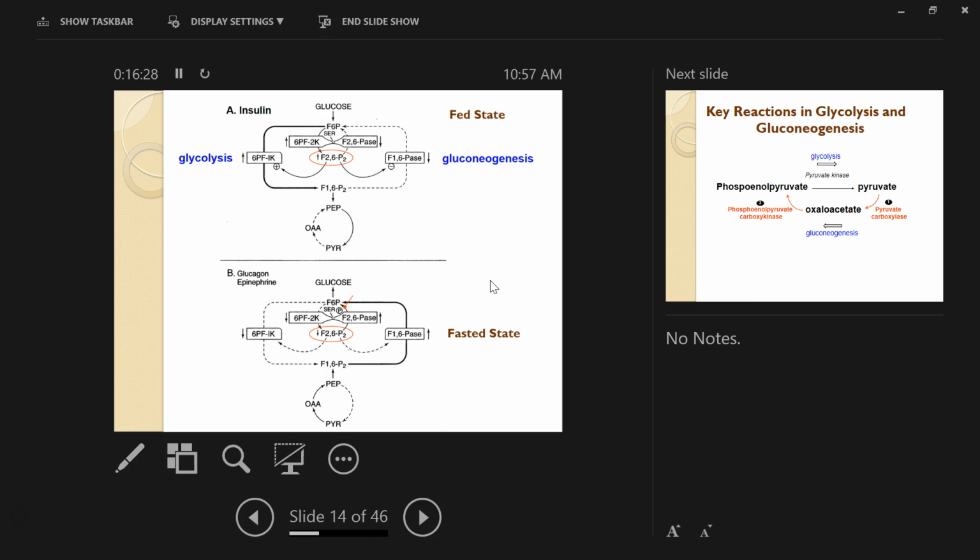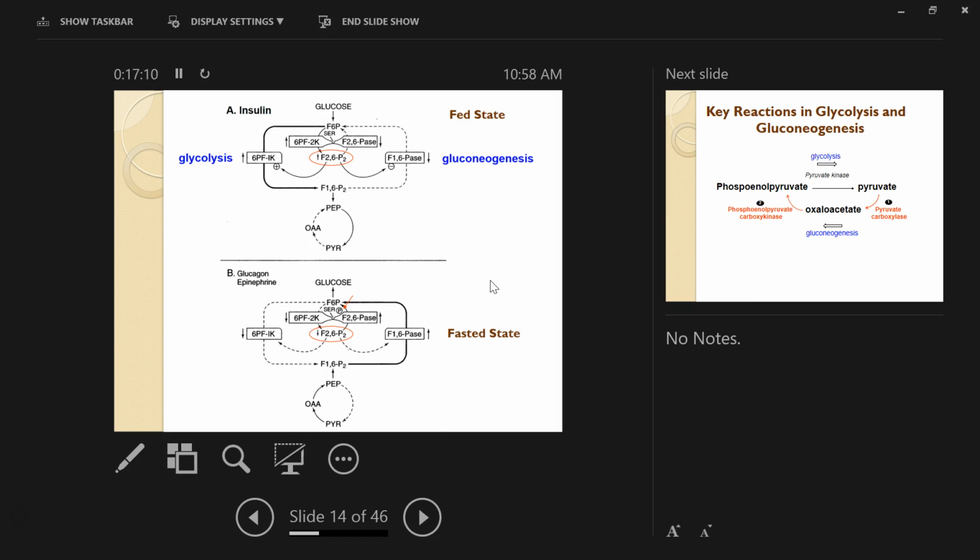So this will lead to an increase in the key enzyme in gluconeogenesis and a decrease in enzyme activity in the glycolytic pathway, right? So this is the second pair of key enzymes in both pathways regulated by insulin, that involves the bifunctional enzyme and the key intermediate, fructose 2,6-bisphosphate. Right? Any questions?